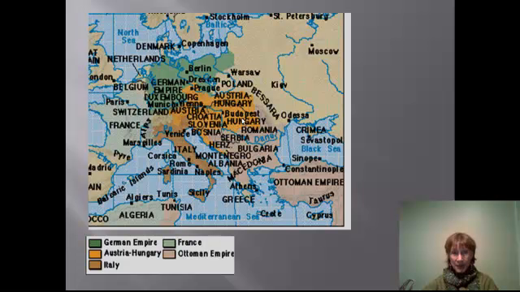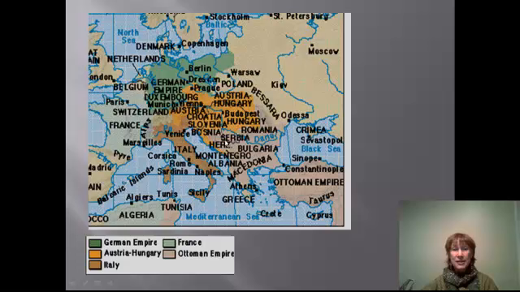Now, the Serbs are Slavs, remember that, and being Slavs, they are supported by the Russians, who are also Slavs. This is going to be a very important issue that contributes to the war.